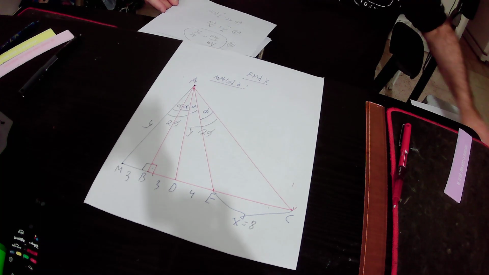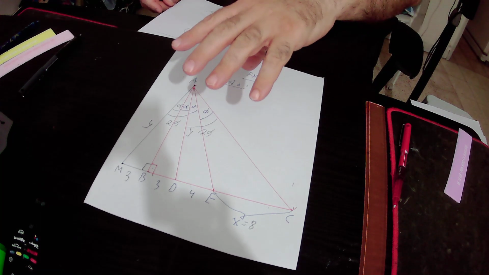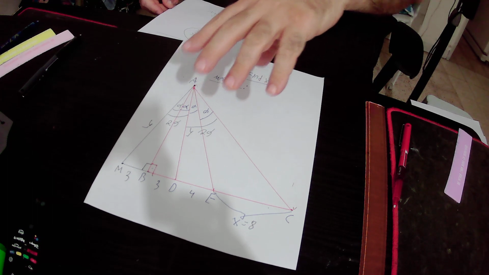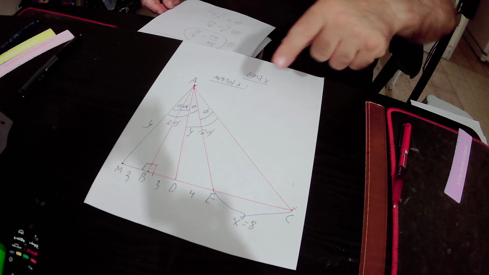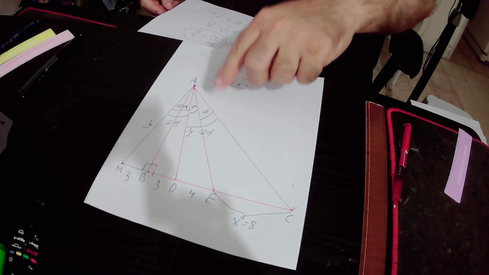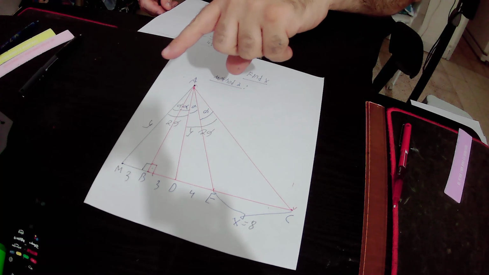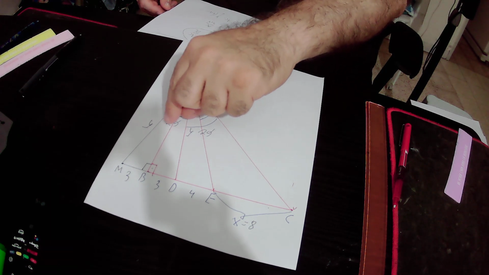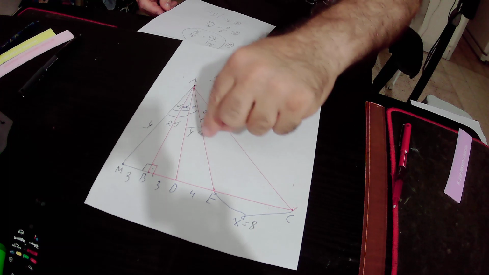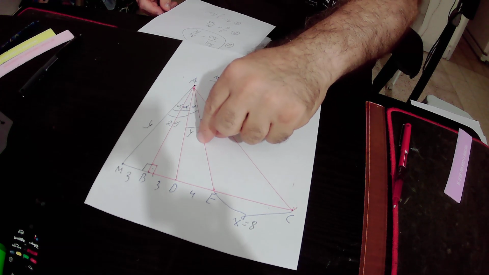Then we focused on the big triangle AMC. We know that AD is an angle bisector. Why? Because it divides the big angle MAC into two equal angles. This angle equals 2 alpha, and this angle also equals 2 alpha.